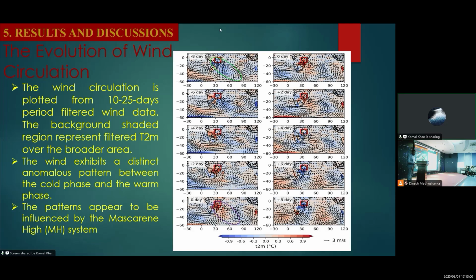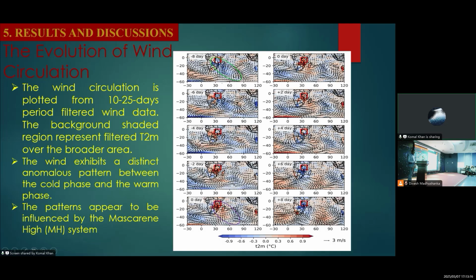During the cold phase, we have an anomalous cyclonic flow, as you can see at the Mascarenes, and this flow extends to the study area, Tanzania.